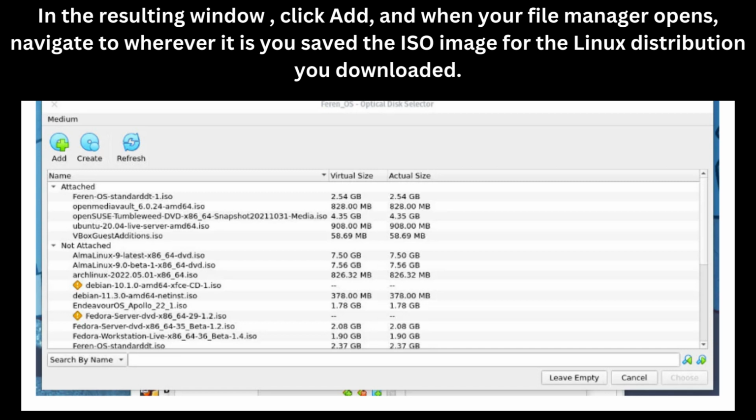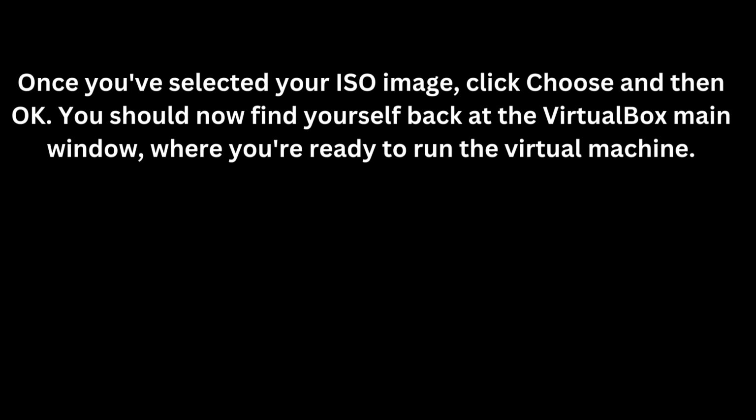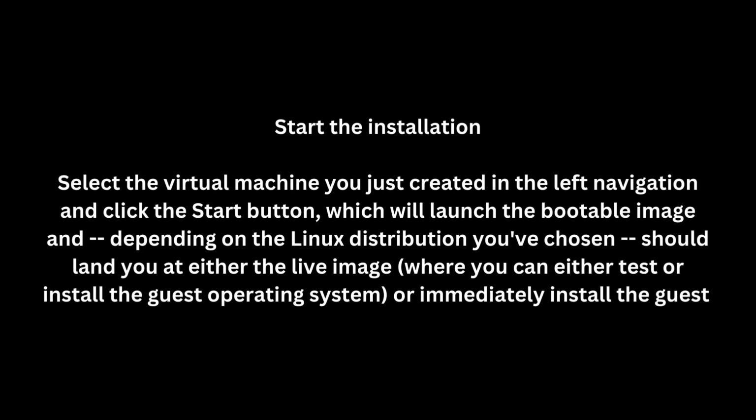And when your file manager opens, navigate to wherever you saved the ISO image for the Linux distribution you downloaded. Once you select your ISO image, click Choose and then OK. You should now find yourself back at the VirtualBox main window where you are ready to run the virtual machine.